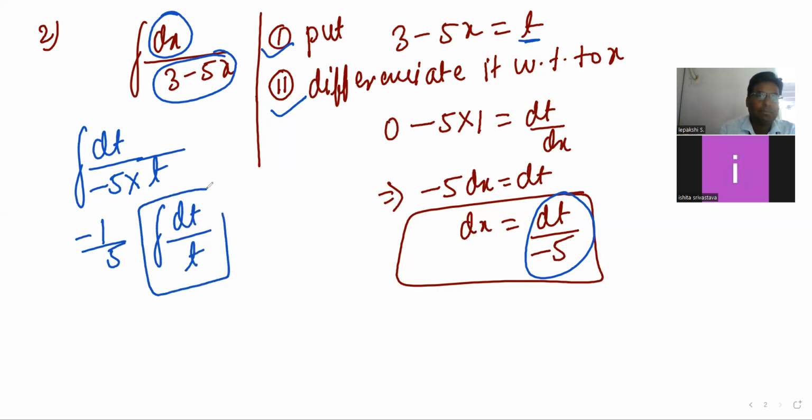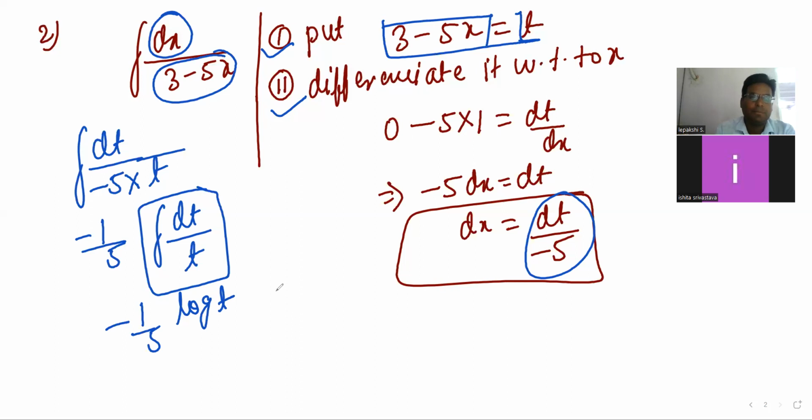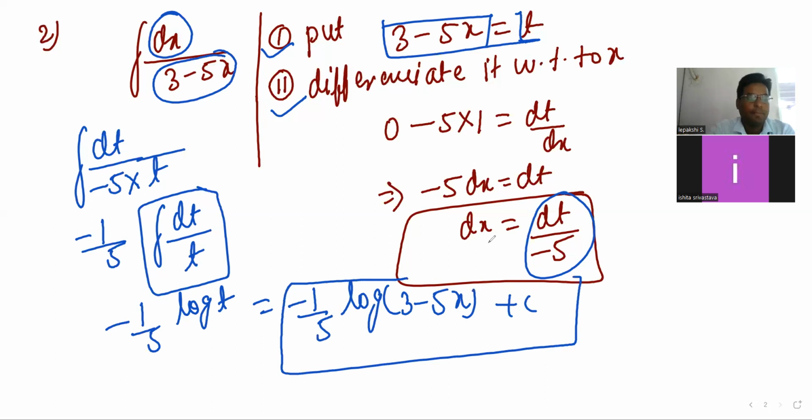And as we know, this will be the log. So the answer will be minus 1 upon 5 log of t. Instead of t, put the original value, that is 3 minus 5x. So it will be minus 1 upon 5 log of 3 minus 5x plus c. So this is the answer we are getting.